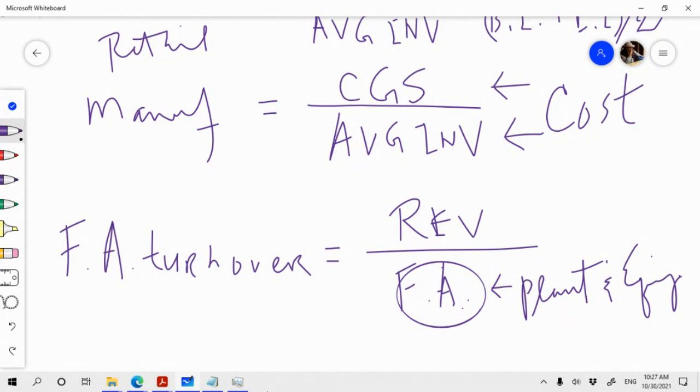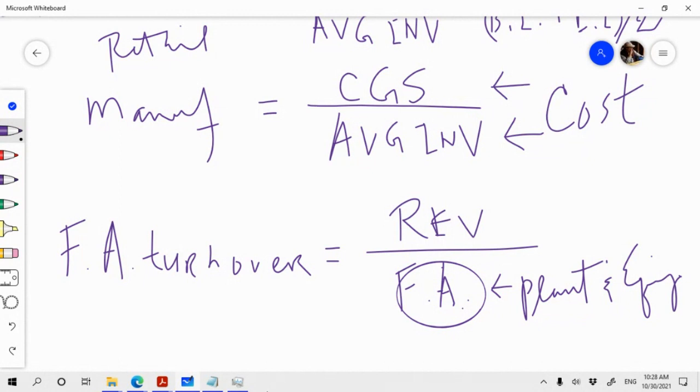The file cabinet will never turn over. But this file cabinet turned over, let's say, 5 times a year. That means the file cabinet worked very hard, contributing to the revenue of the lawyer.